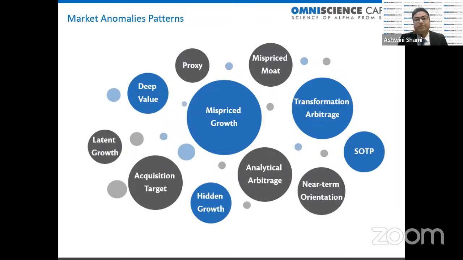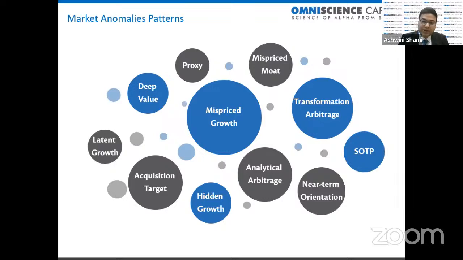Mispriced growth is one, which is quite common. Transformational arbitrage: companies and businesses going through some kind of transformation, and especially in this digital world, this is quite evident. I'm not getting into these, as this is a separate discussion.